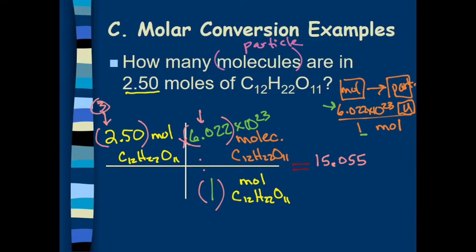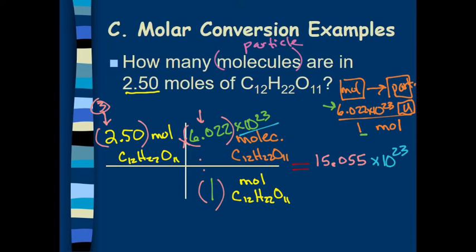And then I have to deal with the times 10 to the 23rd. Again, you're using our baby calculators, no scientific calculators, so the rules that we learn for scientific notation have to be used here. Since that is in the numerator and there is not another exponent to add to the 23 or subtract from the 23, it will come over into our answer as 15.055 times 10 to the 23rd.